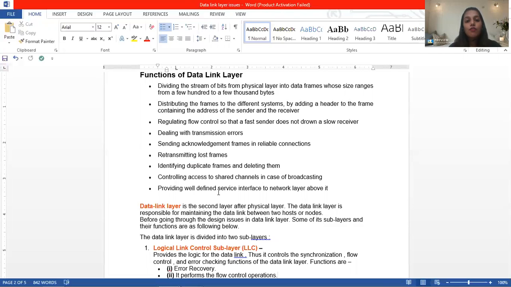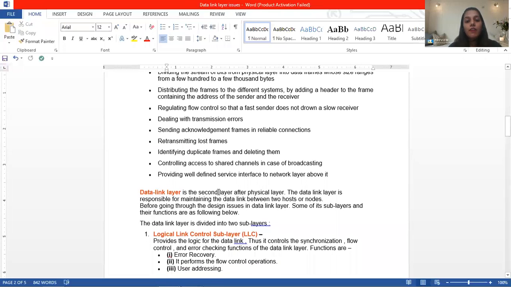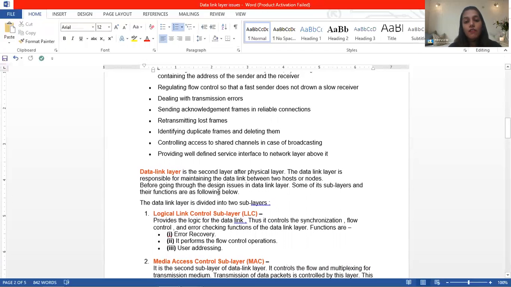Controlling access to a shared channel in case of broadcasting, which is access control. And providing a well-defined service interface to the network layer above it.